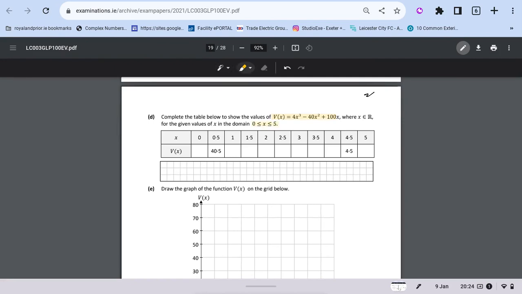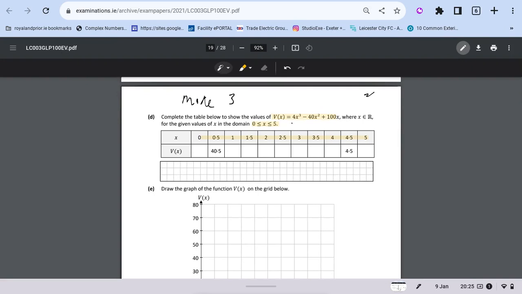Complete the table below to show the values of that between 0 and 5. Now from the table we can see it goes between 0 and 5. We can also see the steps to be 0.5. So this is where you go mode 3, or menu 3 if it's a new calculator. And you enter your table.